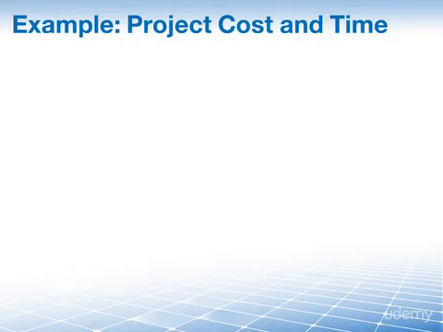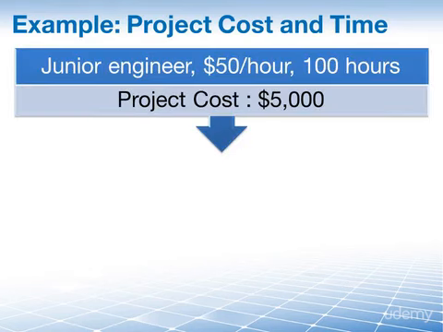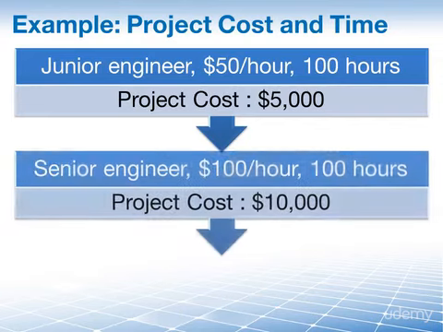The simplest way to explain this is if we talk about salary. Let's say your project takes 100 hours and you have one junior engineer at $50 per hour. Well, that's a simple calculation. The project cost will be $5,000. If your junior engineer, however, has to be replaced by a senior engineer who costs you $100 per hour, well, your cost has suddenly doubled, and it will cost you $10,000 to complete that particular part of the project.